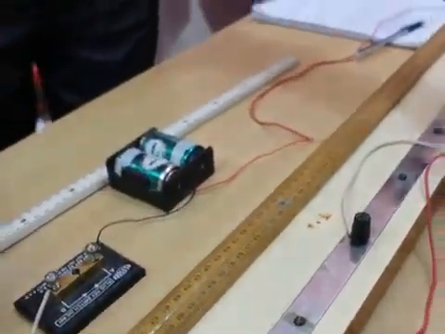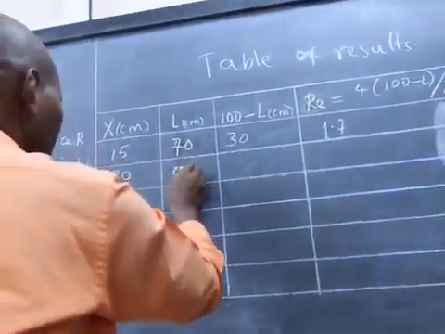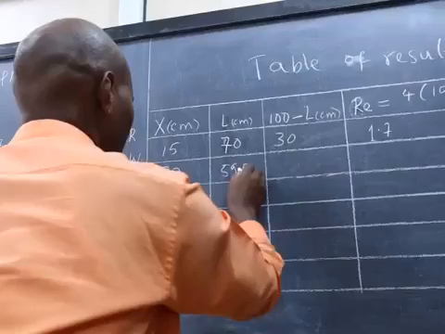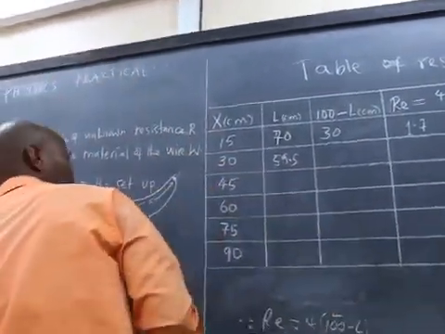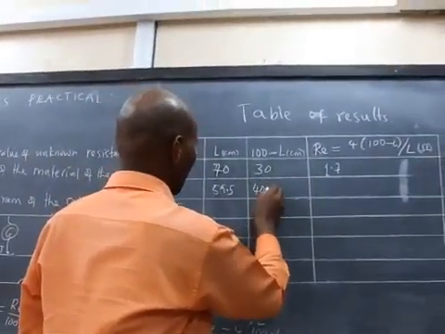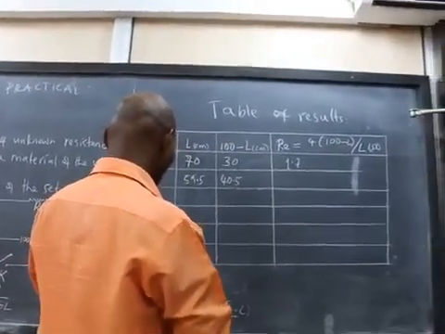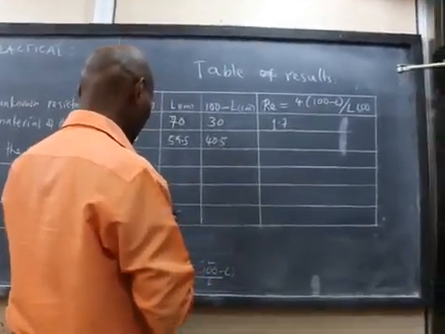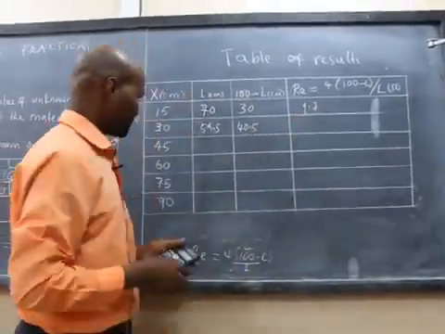So let me record 59.5 centimeter. So 100 minus 59.5, that is 40.5, isn't it? Yes. 100 minus 59.5 is correct. So we'll fill that table later.